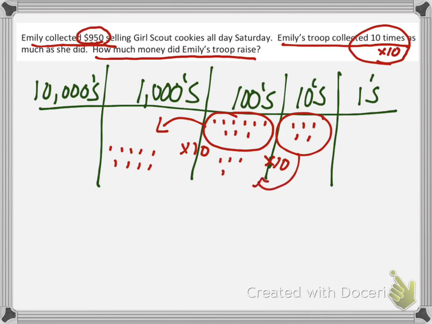So how much money did Emily's troop raise? Well, we have 9 in the thousands. So she has 9 thousands. And then we moved the 5 from the tens to the hundreds. And these become zeros, because we don't have any tens or ones. So this becomes 9,500. So Emily's troop raised $9,500.